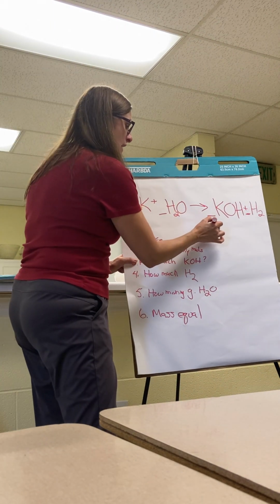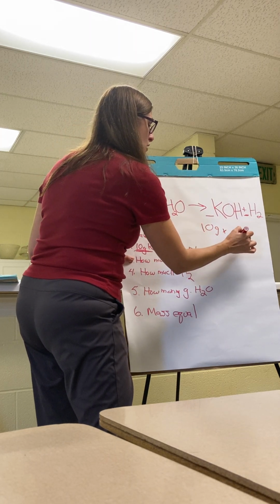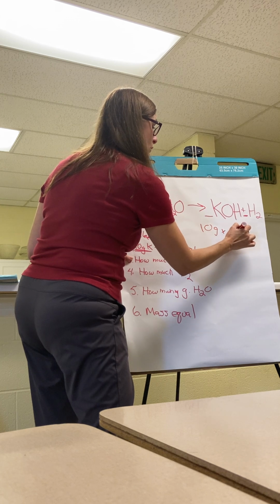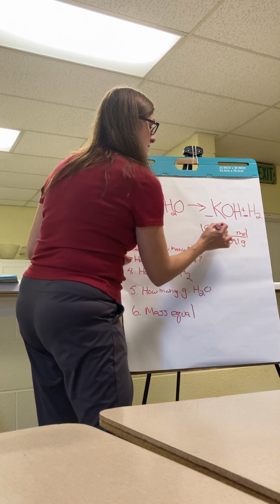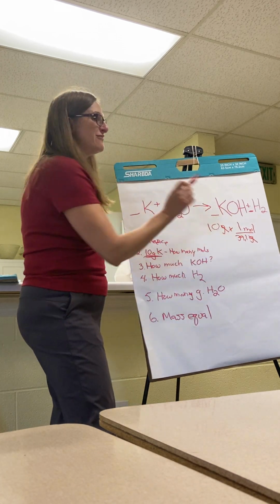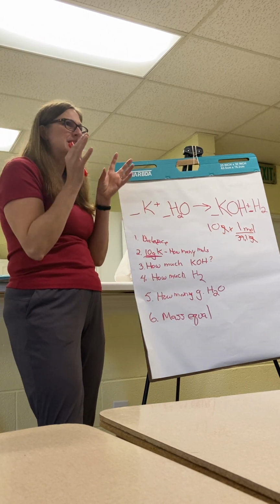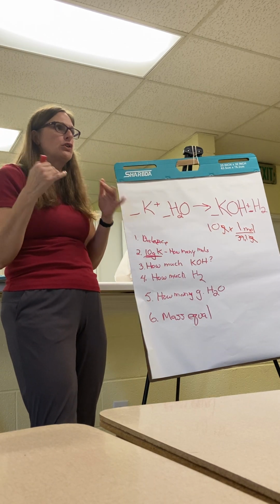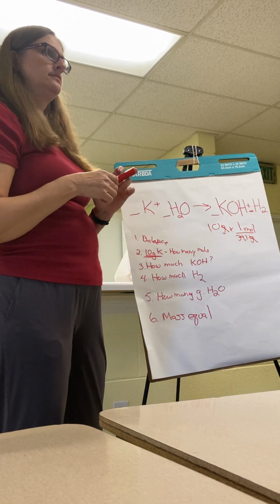So you have 10 grams times 1 mole per 39.1 grams. We can cancel to moles. So 10 divided by 39.1 will give you how many moles, that small fraction. You can see that 10 is smaller than 39.1, so it's got to be less than 1 mole.